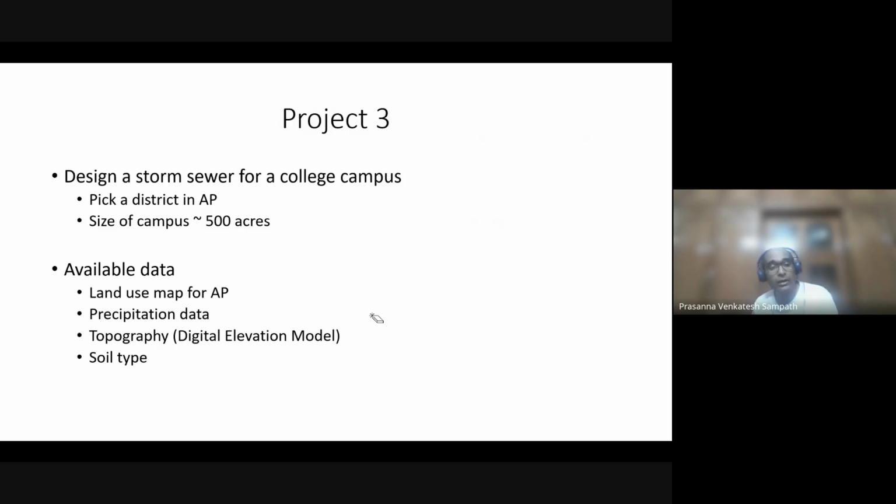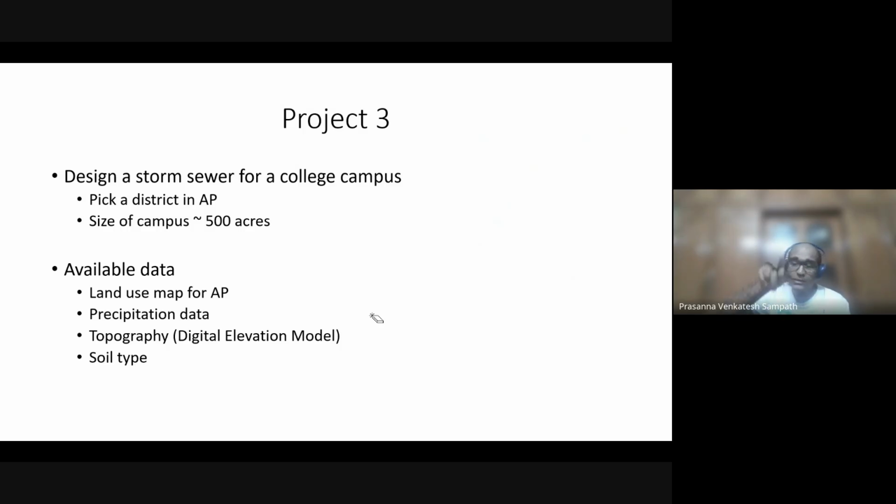You will also have the topography information. Topography is basically how the land surface changes as a function of space. So it's called a digital elevation model, DEM. And then soil type information, of course, is available online for each district or each part of Andhra Pradesh.